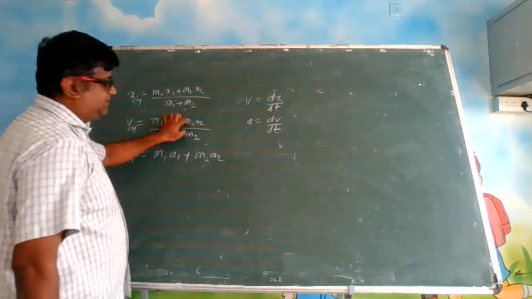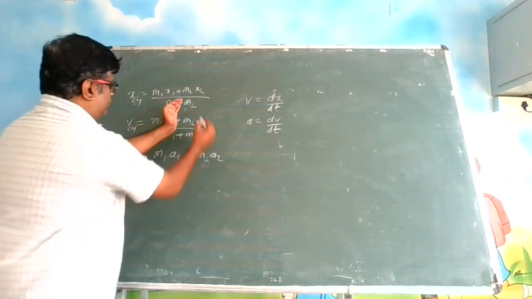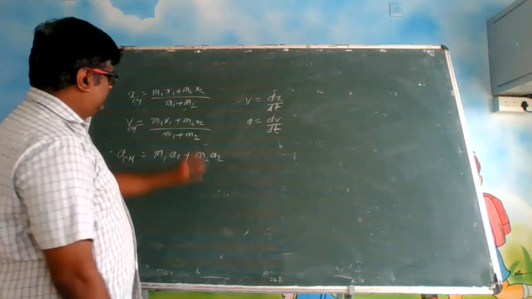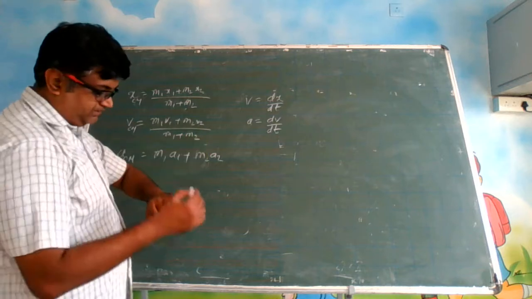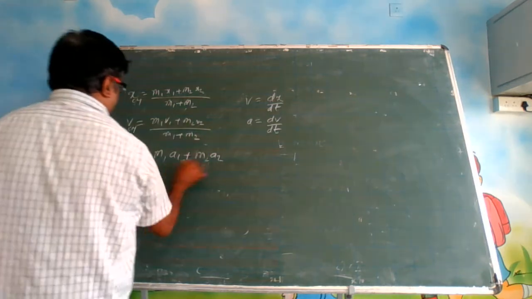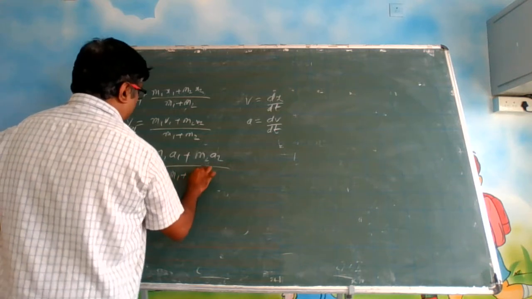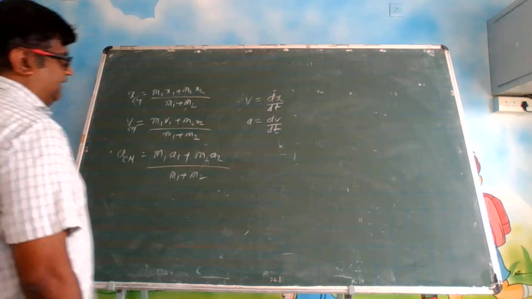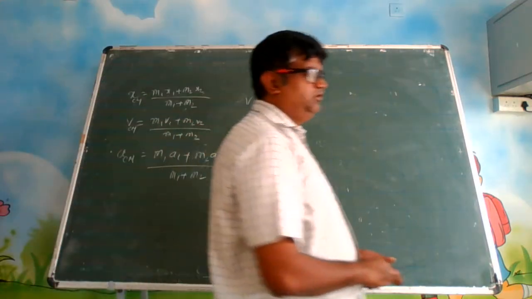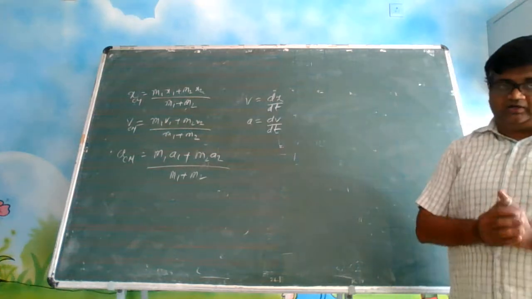Why am I not differentiating mass? Because it is constant, so it is brought out. So a_cm = (m1 a1 + m2 a2)/(m1 + m2).